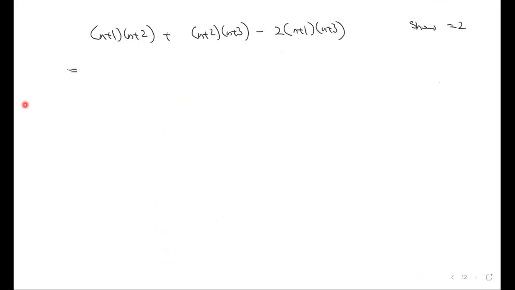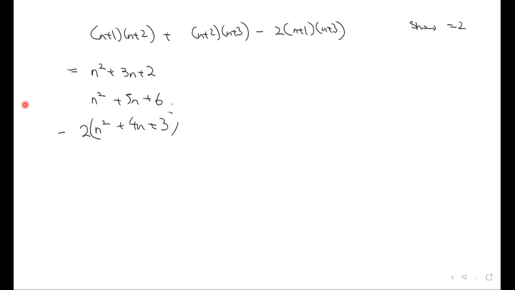So expansion time. Okay, so we've got n squared plus 3n plus 2. The next one is n squared plus 5n plus 6. The next one expanded individually is n squared plus 4n plus 3, but you are subtracting 2 times that.